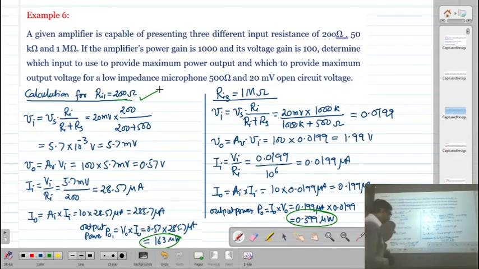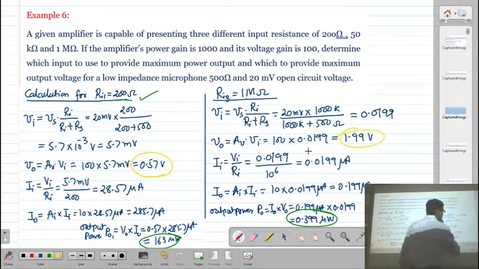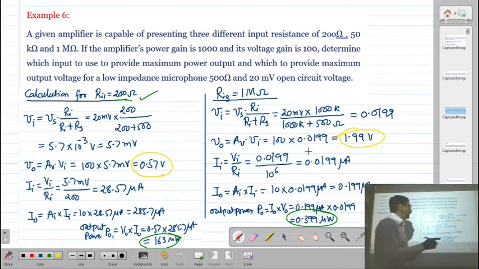Here the output voltage is 0.57 volt in case of the 200 ohm, and for 1 megaohm, my output voltage is 1.99. So what this indicates? That if the input resistance is high, then you will get a maximum output voltage.